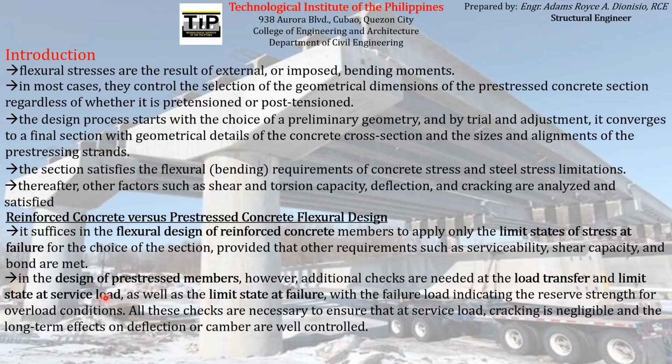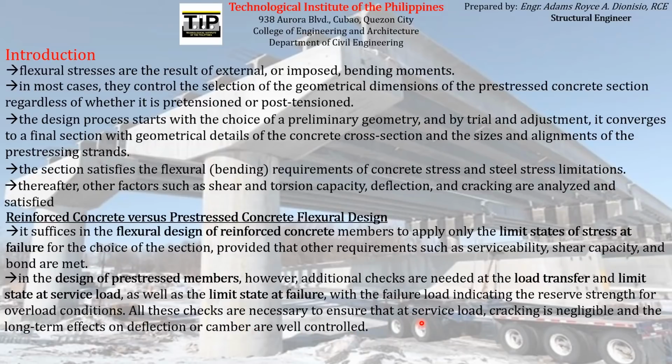The reason for checking at load transfer and at service load condition is for us to ensure that at service load, cracking is negligible and the long-term effects on deflection or camber are well controlled.